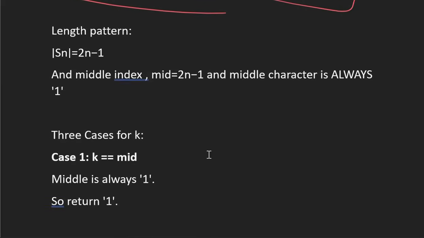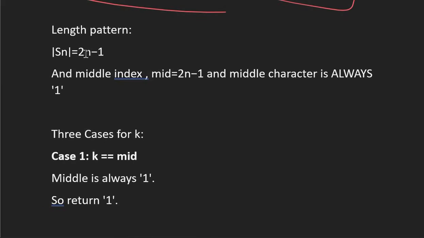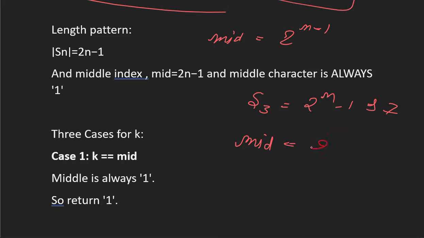Also, if you look at the length patterns, the length of Sn is 2^n minus 1, and what is the middle index? The middle index mid is 2^(n-1). Suppose in S3 the length is 2^n minus 1, that is 7, and the middle index is 2^(n-1), that is the fourth element, right?